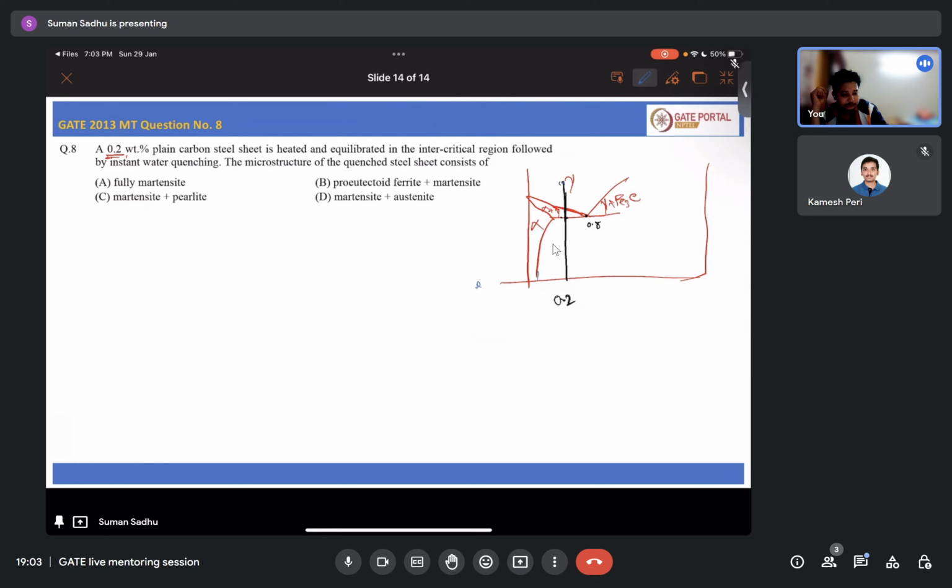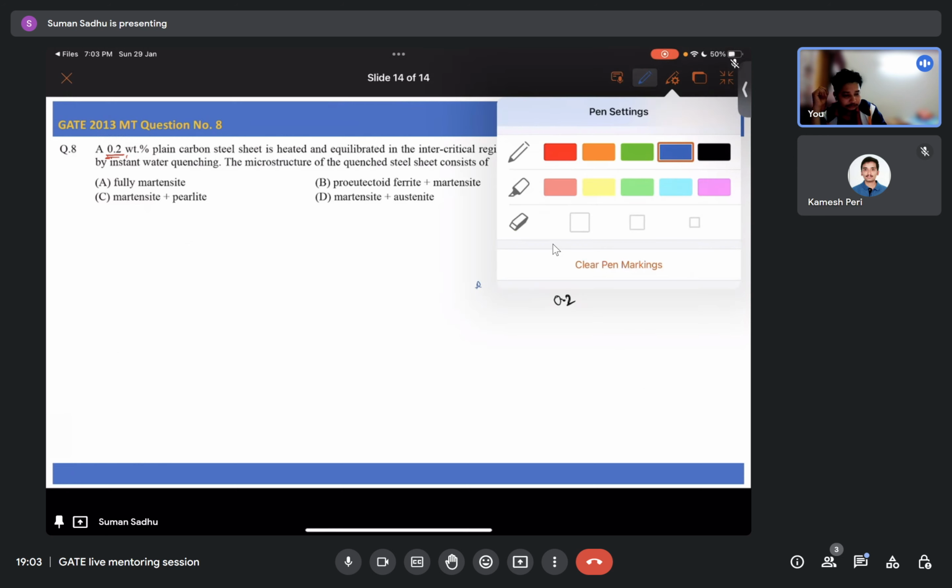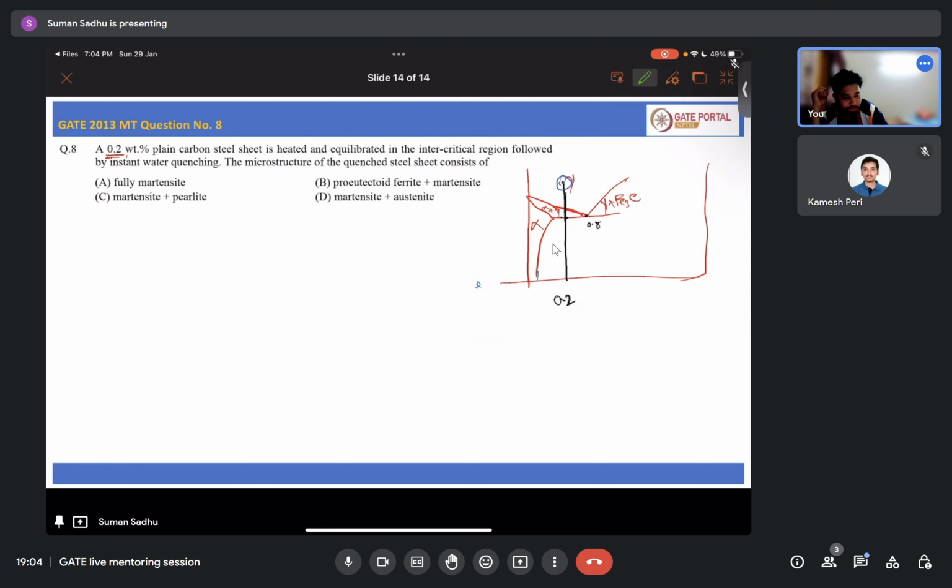Does intercritical region mean up to this one, or this one, or somewhere between these two? Which location? Intercritical region. Yes, exactly. So anywhere from this to this region.